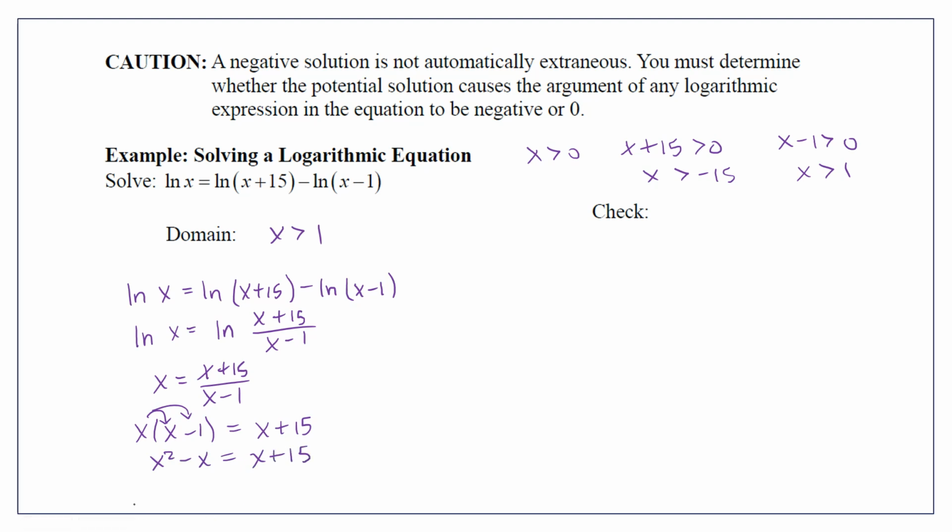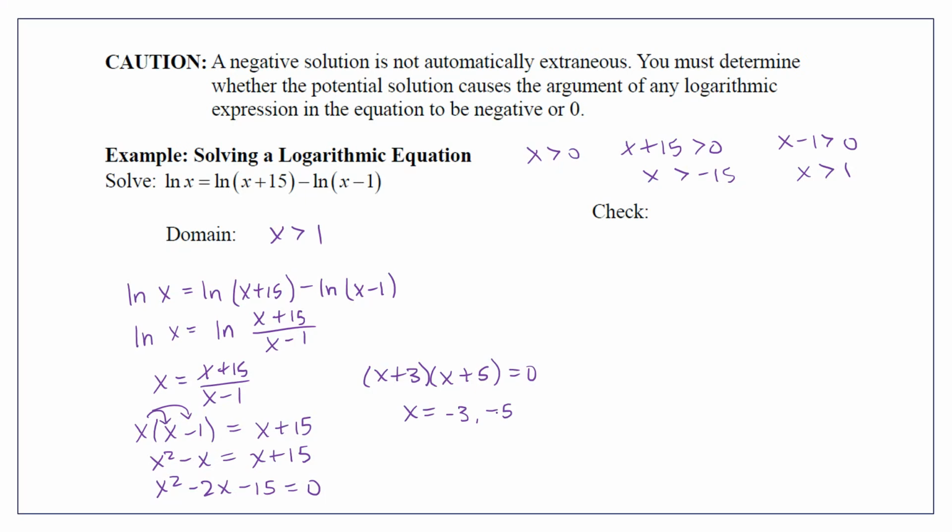Then we're going to move all terms to the left-hand side. Now we have a quadratic, which is factorable. Now we can set both factors equal to 0.